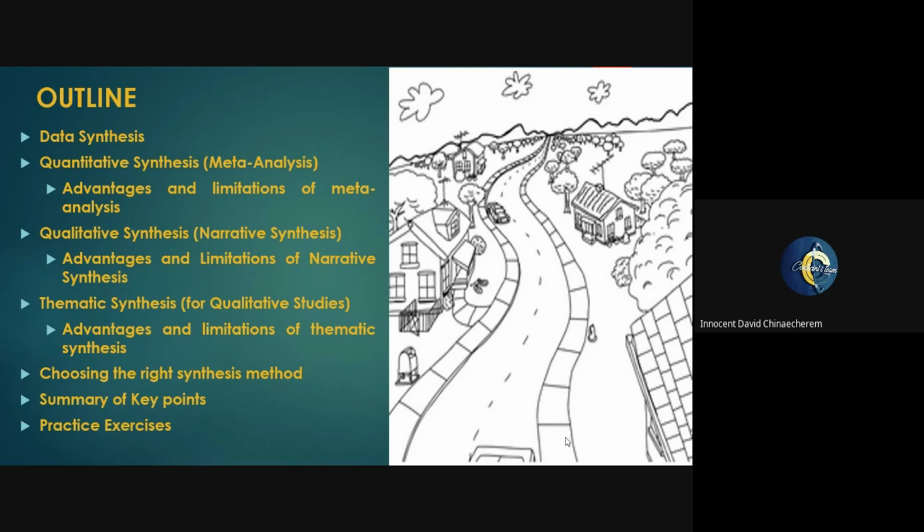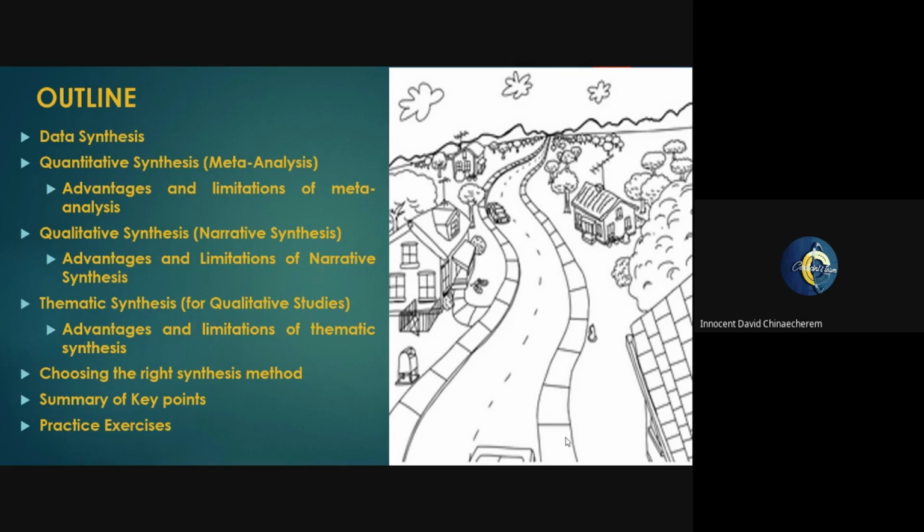Then we'll look at qualitative synthesis, and we'll also take a look at the advantages and limitations of narrative synthesis, which is one element of qualitative synthesis. The same thing is also going to apply for the thematic synthesis, where we'll look at some of the advantages and limitations as well.